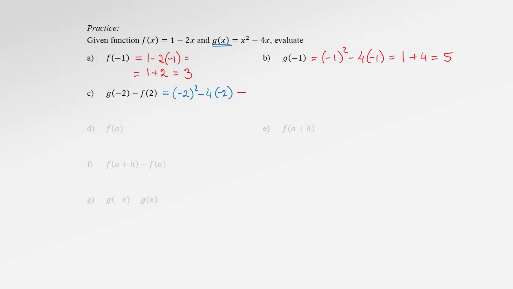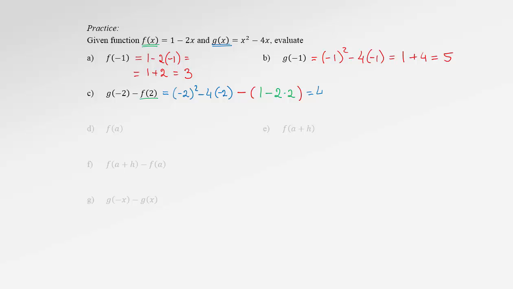Since I am subtracting f of 2, which is a little bit bigger than one term, remember to put a bracket. In this bracket, we need to write f of 2. So follow the f function. It tells us to take 1 and subtract twice the input. The input for f is 2. So 2 times 2.